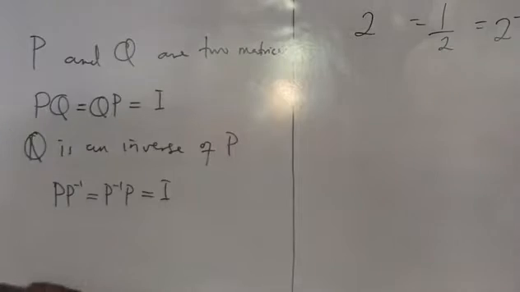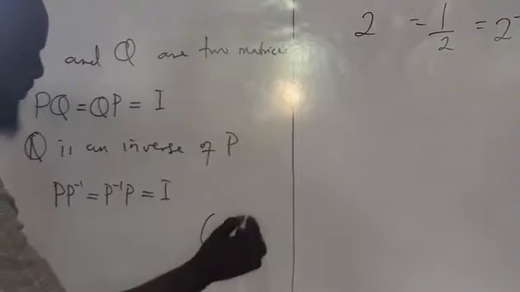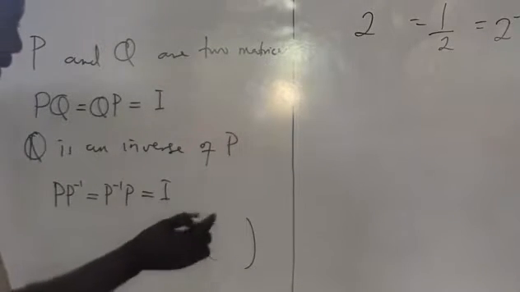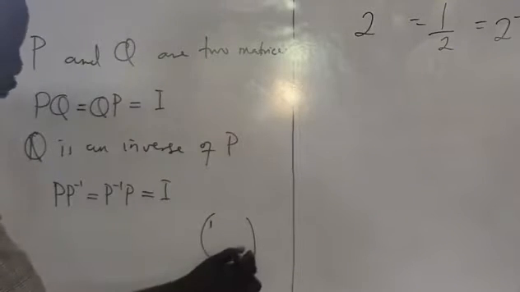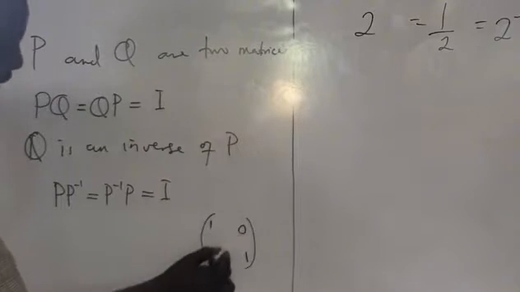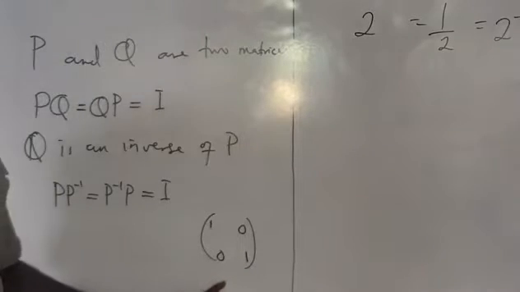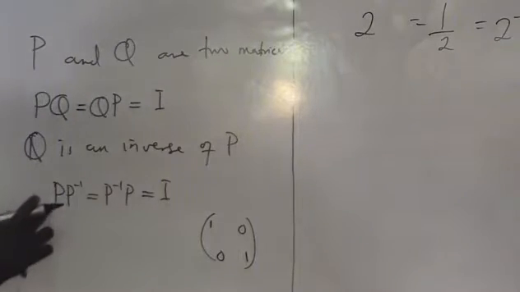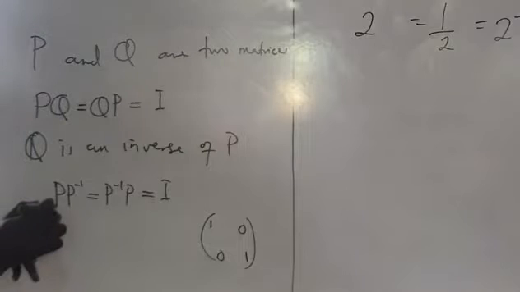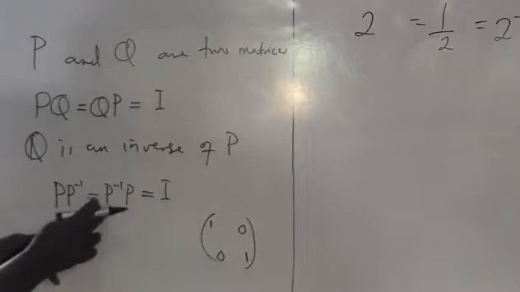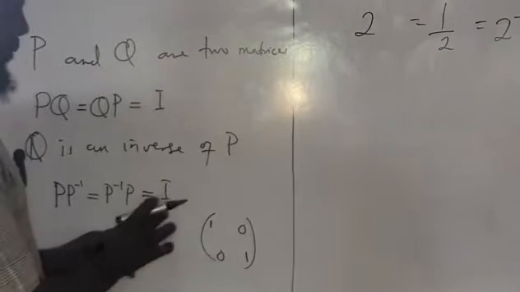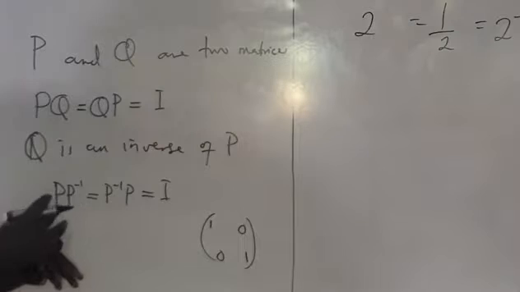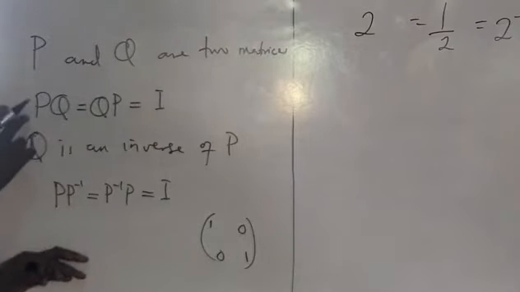You have done it: the leading diagonal of the matrix gives you 1, while the other diagonal gives you 0. This is a unit matrix. So if we multiply a matrix by its inverse, or its inverse by the matrix, and we get this answer, that's what is referred to as Q being an inverse of P.